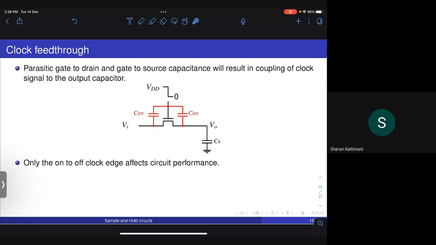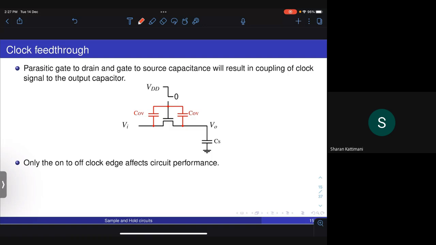What happens is, whenever you are sampling, let's say using this in the form of a track and hold, when the clock is high, the output is basically trying to follow the input. The moment the clock goes from 1 to 0, the transistor turns off, and that is when you have the sampling instant.